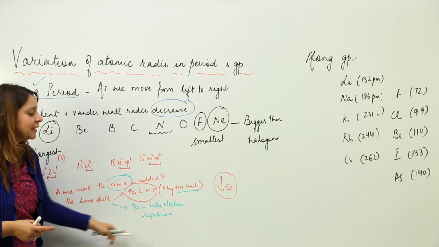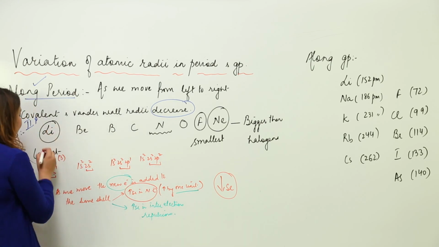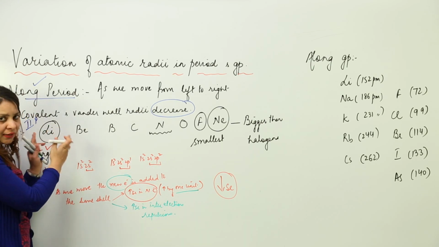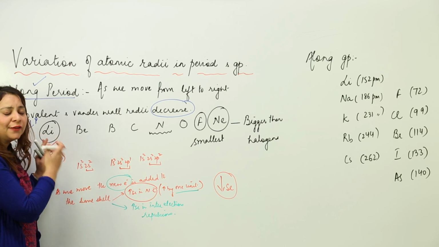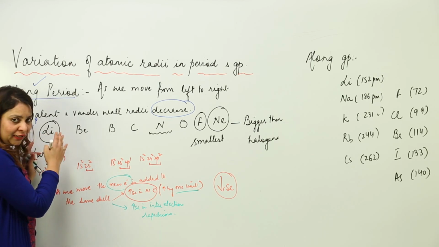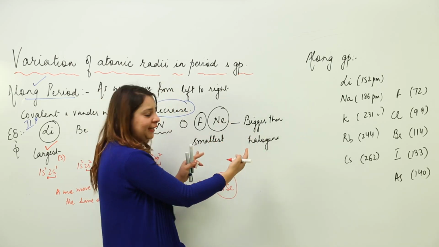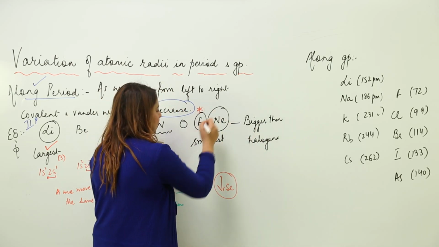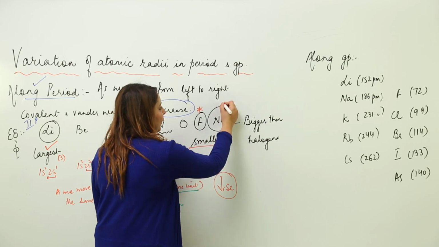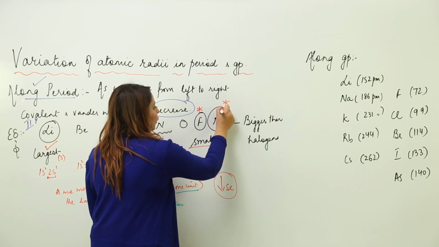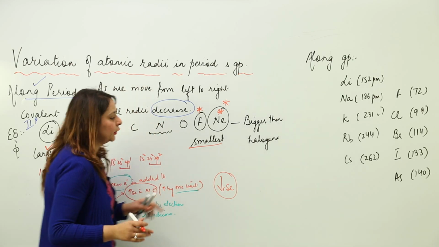So lithium will be the largest, the element on the left side has the largest radii, and the halogens at the extreme right will be the smallest. We are just excluding the noble gases; I'll discuss them later, right?